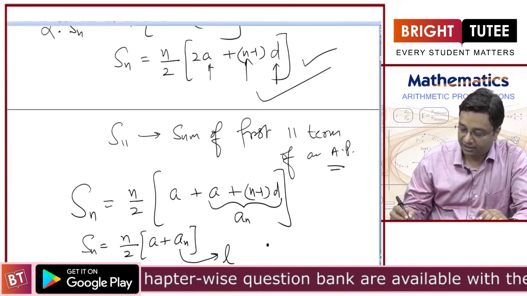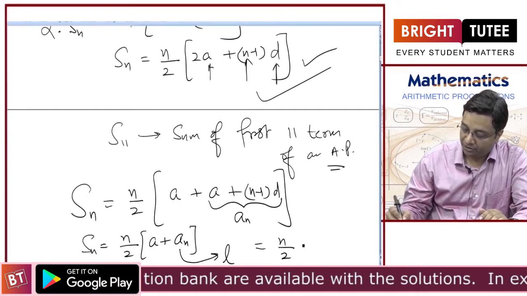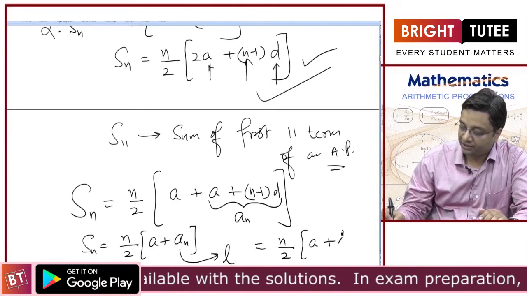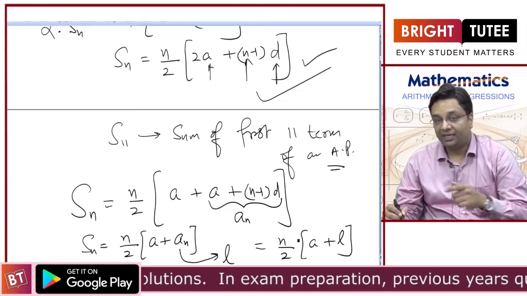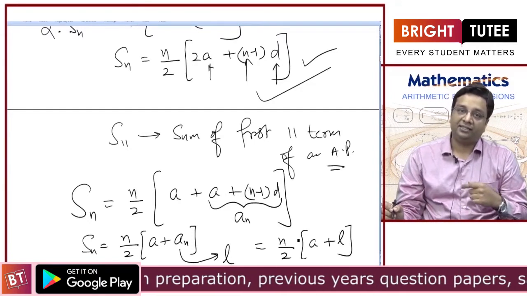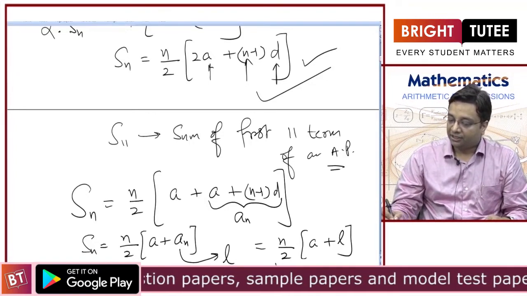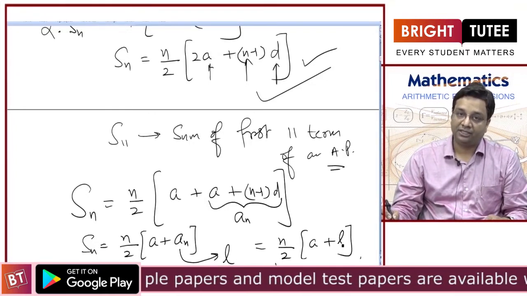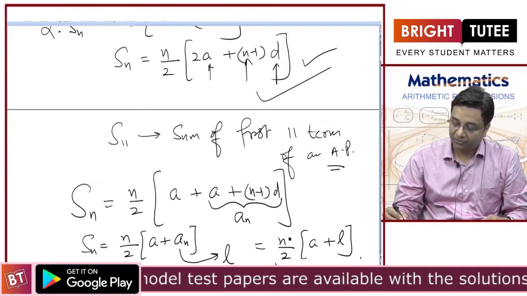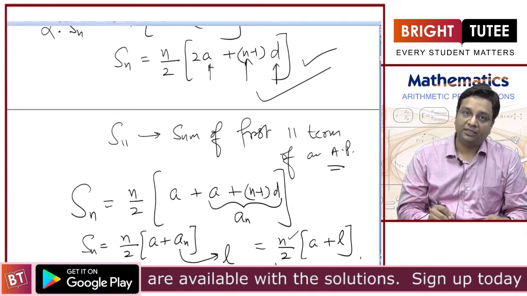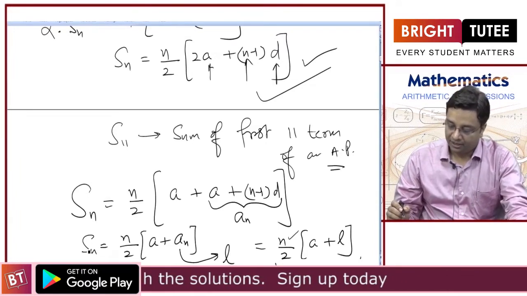So I can write it as L also. So it will be equal to n by 2 into a plus L, right? Where n is the number of terms and L is the nth term or the last term, right? So if you have got the first term and last term of the expression and the number of terms, you can directly calculate the sum of n terms, right?